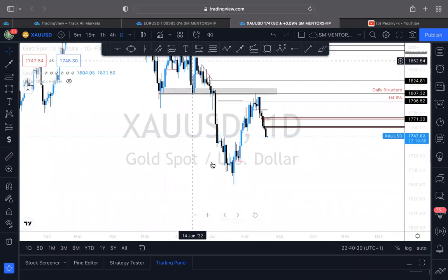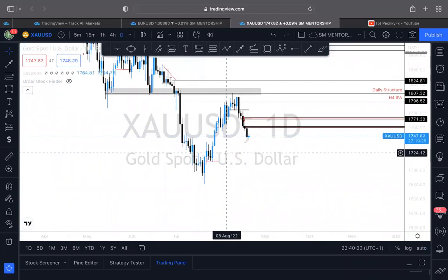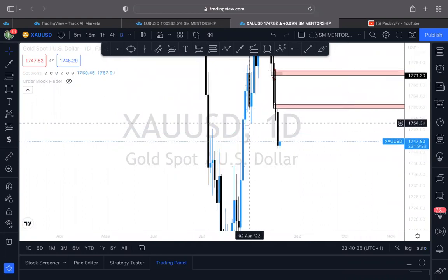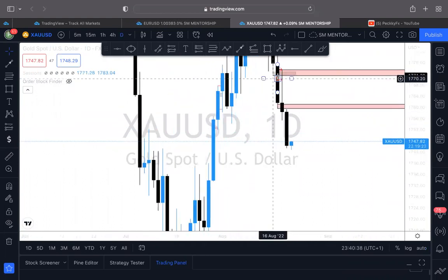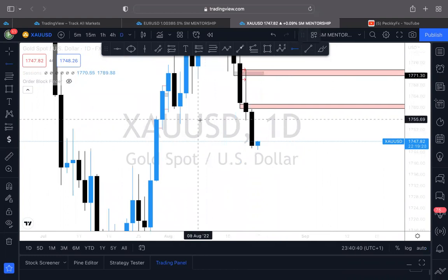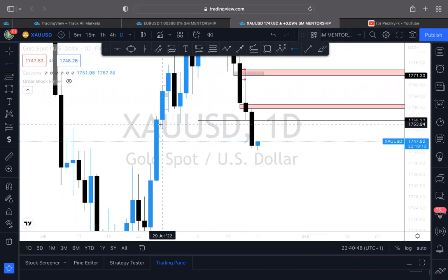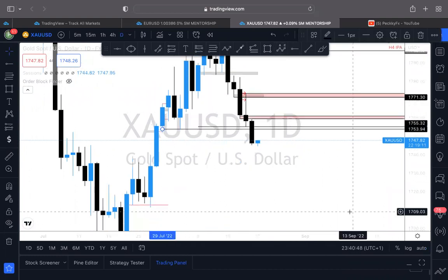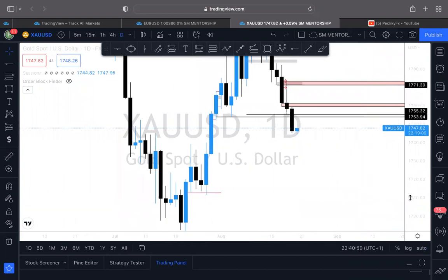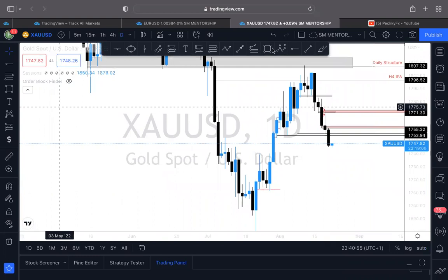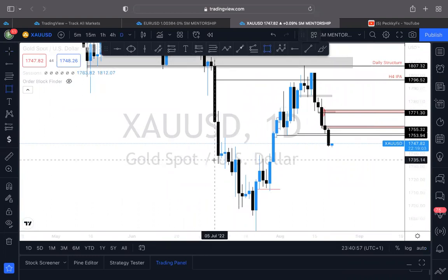That being said, the same thing, expecting gold to, okay, we have closed here, we have an IPA, so we're still looking for gold heading to the downside. So looking for gold heading to the next structure on the daily we have here.